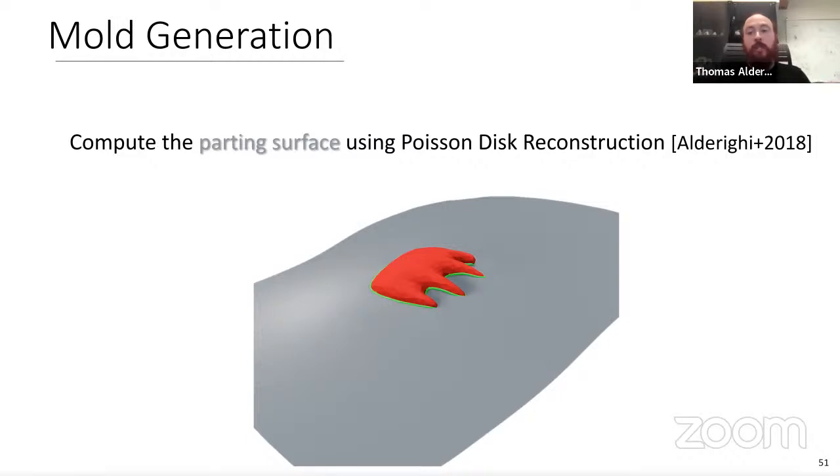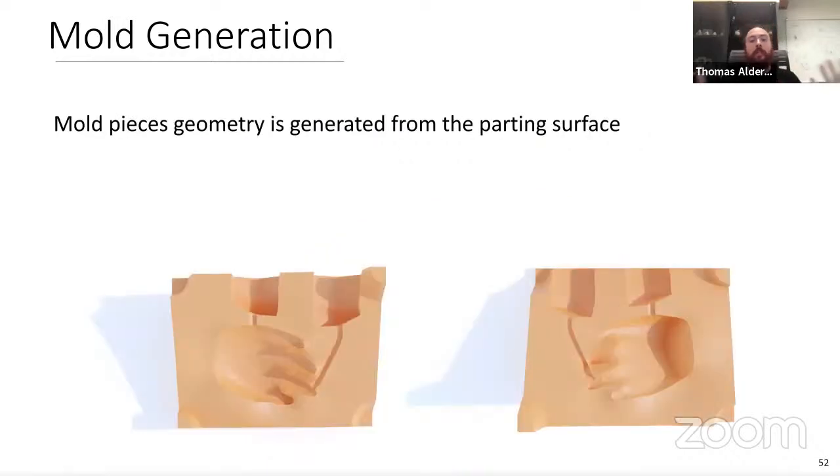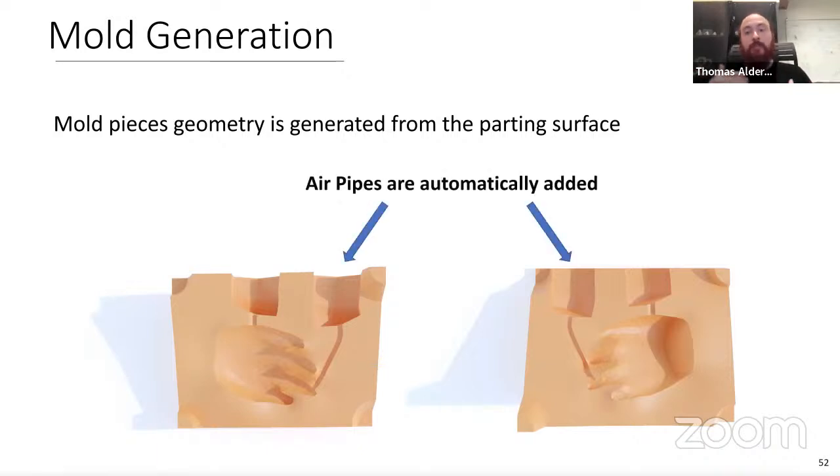And these parting surfaces will then be used to automatically generate the full geometry of the mold, that will also embed some fabrication details like the automatic location of air pipes that are needed for the material insertion and also to let the air escape, and also all the registration details that are required for a successful cast.